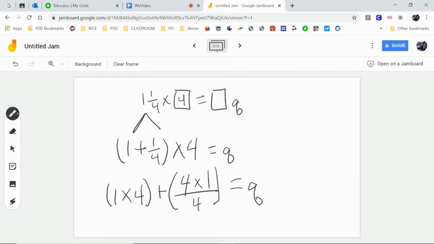Now remember, you're just multiplying the numerator, not the denominator, okay? So in this first parentheses, 1 multiplied by 4 gives me 4, plus 4 multiplied by 1 gives me 4 over 4, which is equal to 1 whole. So now I have 4 plus 1 gives me Q, which is quarts. 4 plus 1 gives me 5, so my answer is 5 quarts.